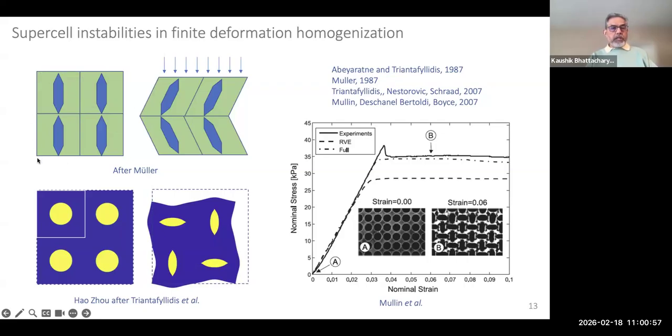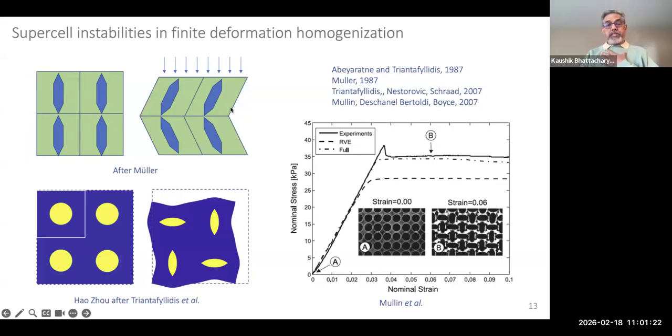But if I take 4 of these as a unit cell, then if the blue material is stiffer than the red material, you can have internal buckling modes, right?